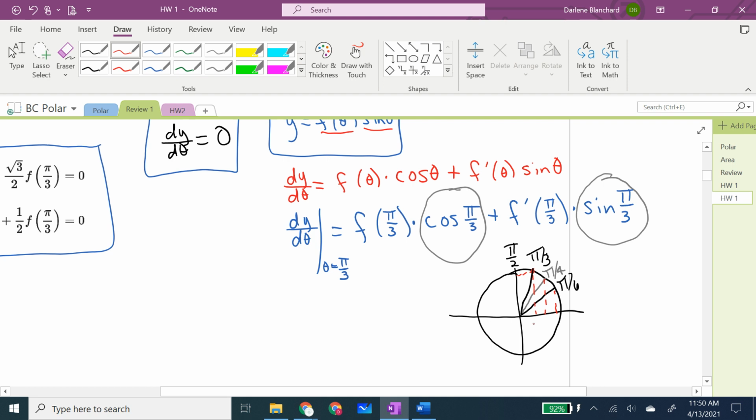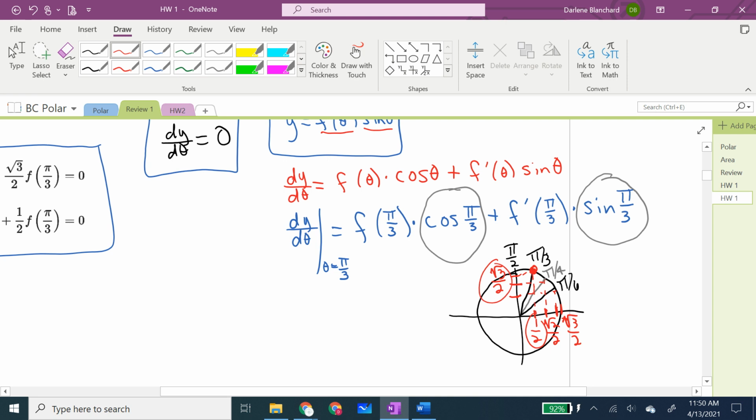the special numbers go 1 over 2, root 2 over 2, root 3 over 2 for these numbers in here. And then it hits the x value of 1. For the y values, 1 over 2, root 2 over 2, and then root 3 over 2. So that gives me my x and my y coordinate.